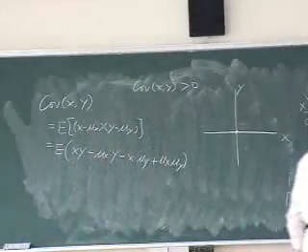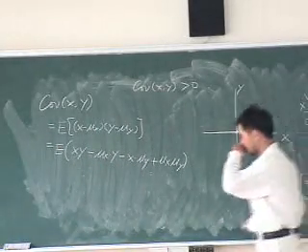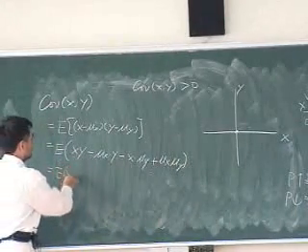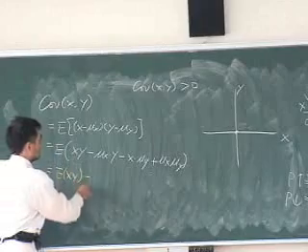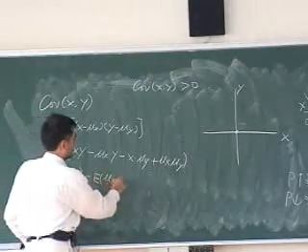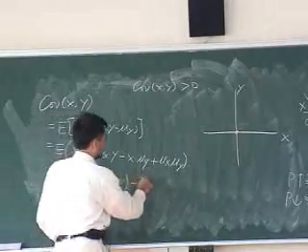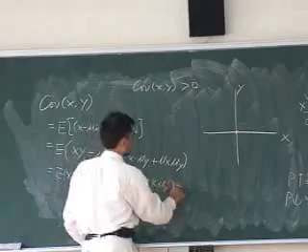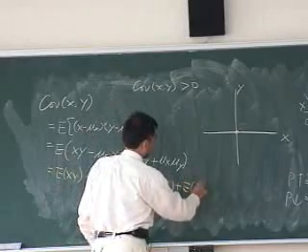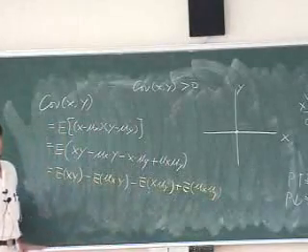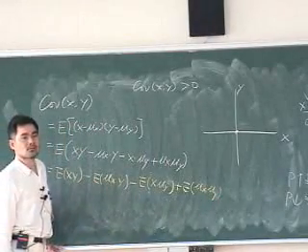Then it is going to be the expectation of xy minus the expectation of mu x times y, minus the expectation of x times mu y, plus the expectation of mu x mu y. Any questions?